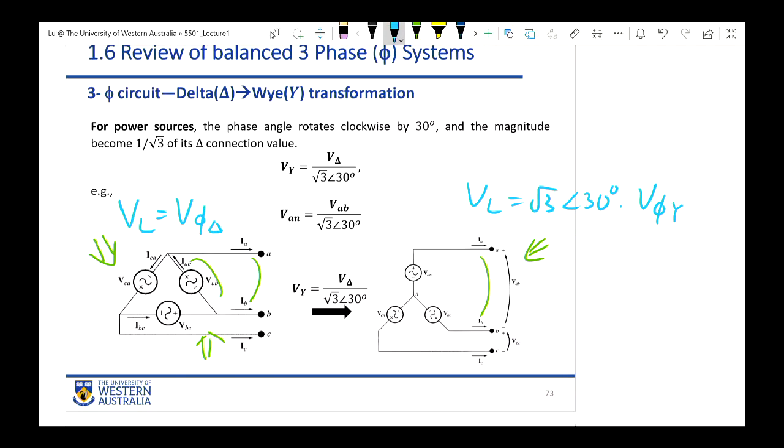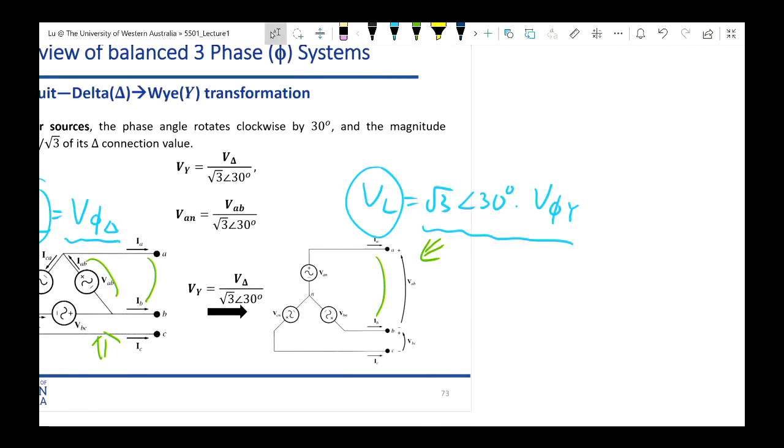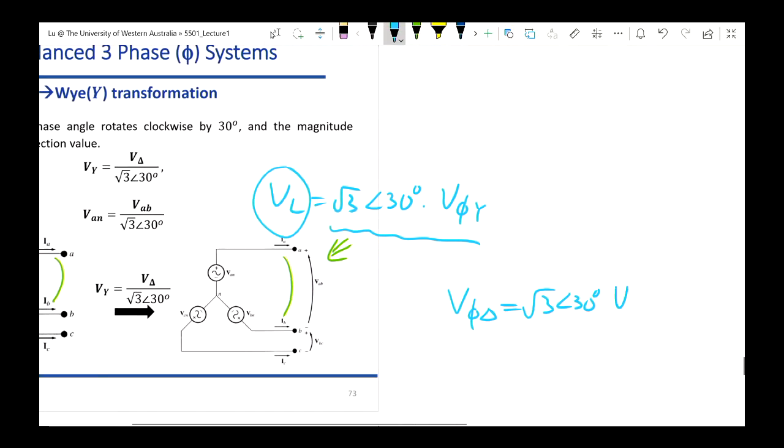But we have said, no matter what the pattern of the generator is, the line-to-line voltage must be equal. So if we rewrite this equation, the phase voltage in the delta pattern must equal square root of 3 with 30 degrees times the phase voltage in the Y pattern.